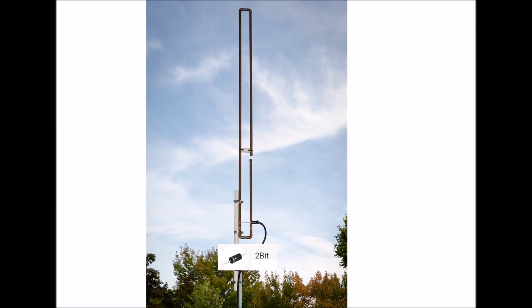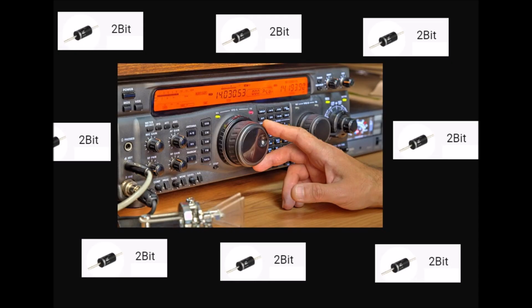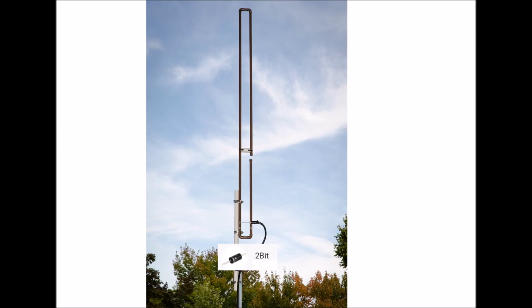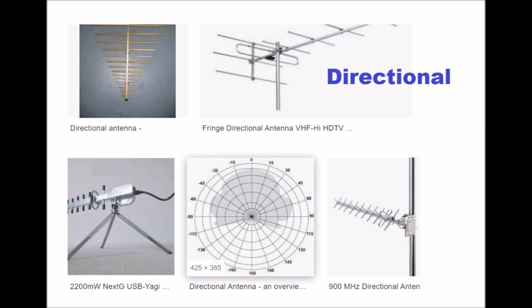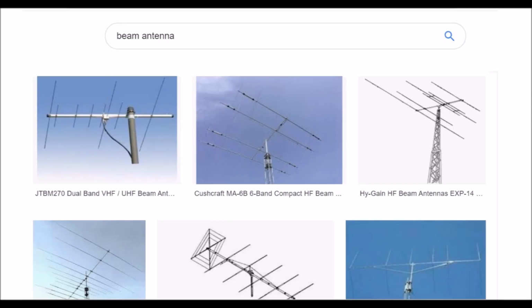Antennas are essential components of all radio equipment. An antenna is an array of conductors, elements, electrically connected to the receiver or transmitter. Antennas can be designed to transmit and receive radio waves in all horizontal directions equally, omnidirectional antennas, or preferentially in a particular direction, directional, or high gain or beam antennas.